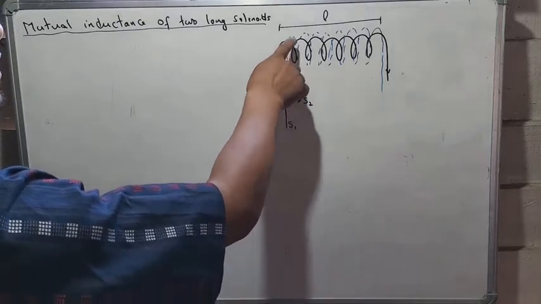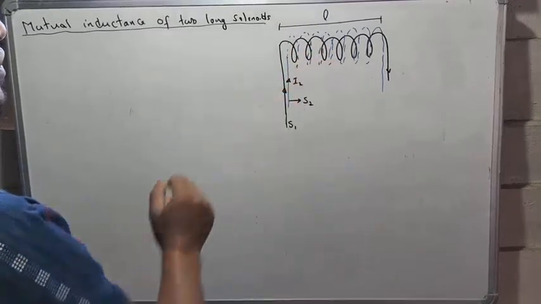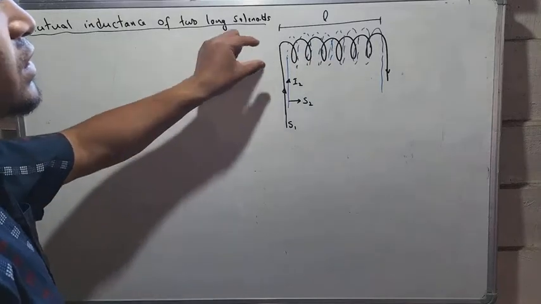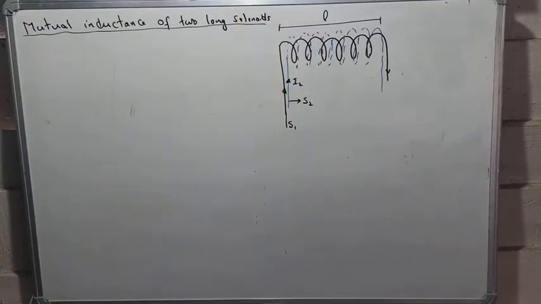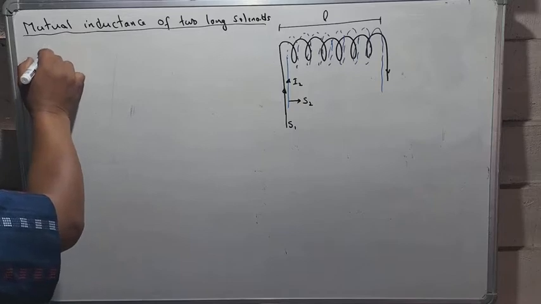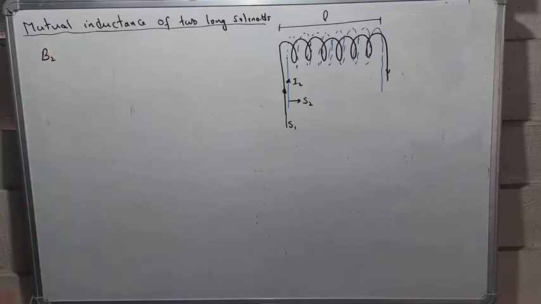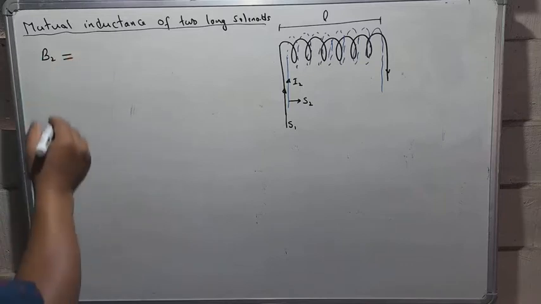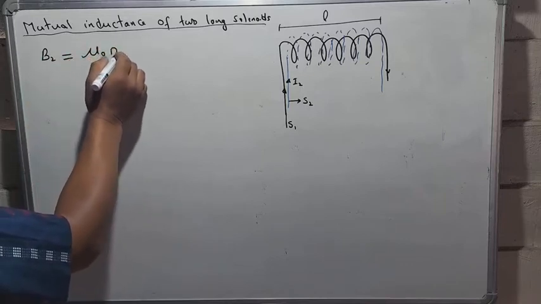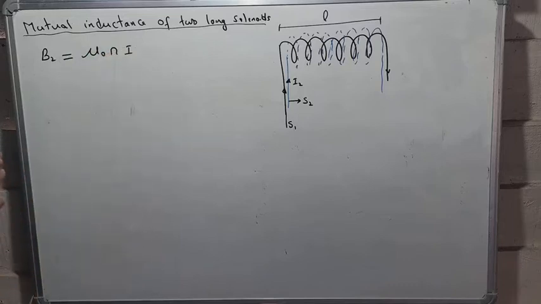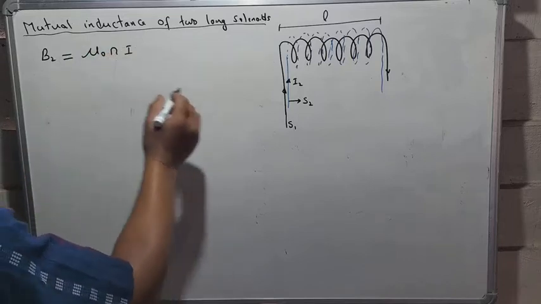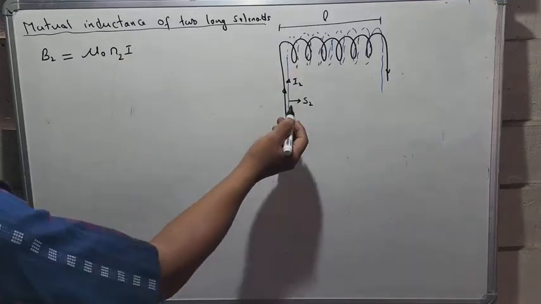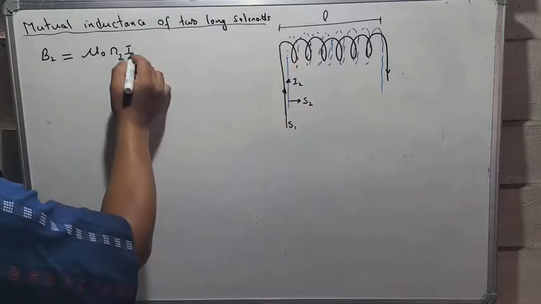This current I2, which is passing through the second solenoid, will also produce a magnetic field inside the blue solenoid. Let us call this magnetic field B2. You know very well the expression for the magnetic field inside a solenoid: it equals mu naught n I. Here n stands for solenoid number 2, so I write subscript 2, and the current passing in the solenoid is I2.